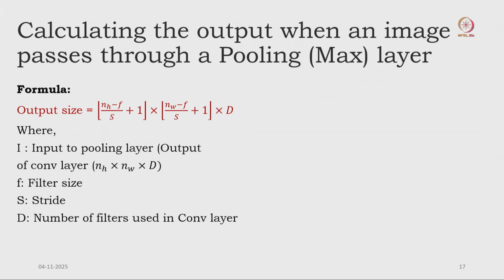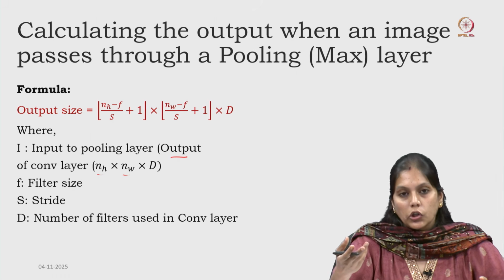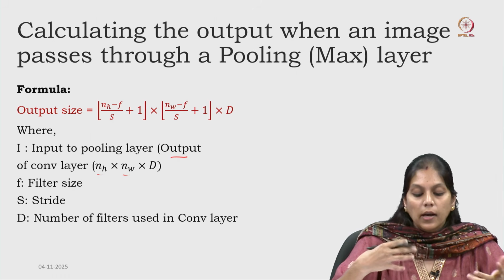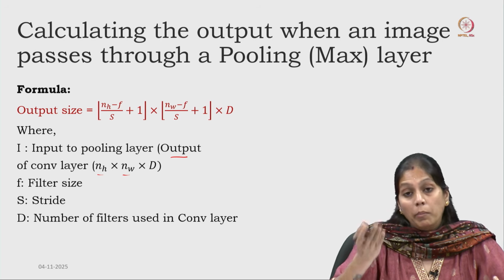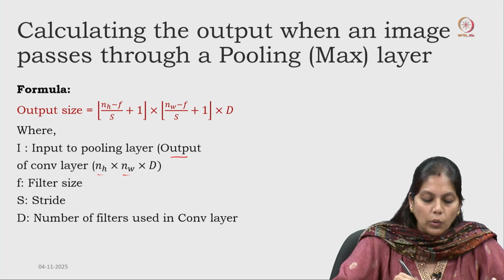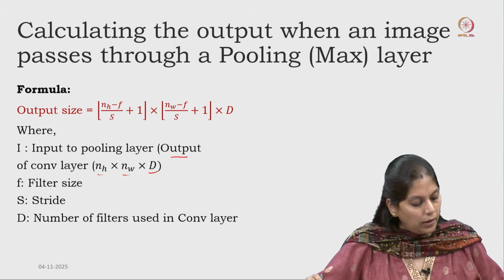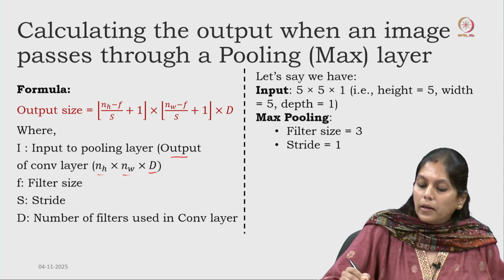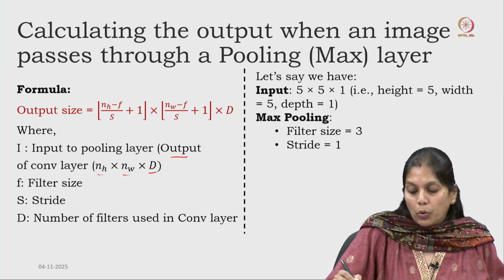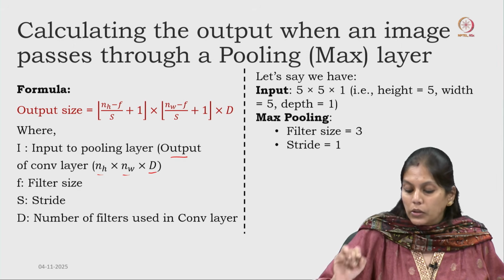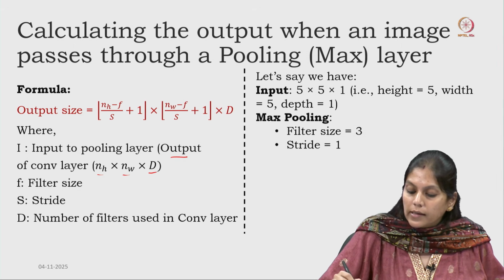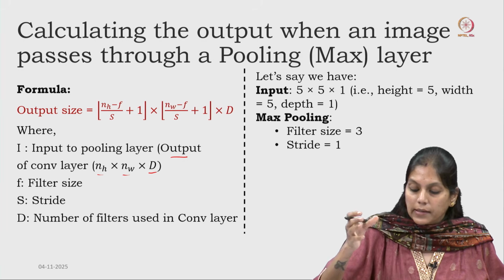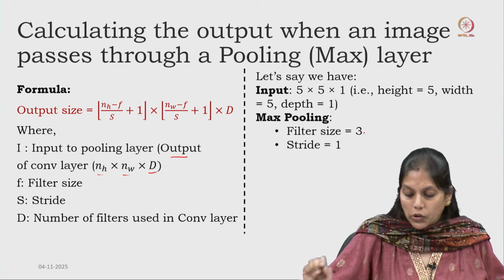The input to the pooling layer is the output of convolution, which will have the width, the height, and definitely the number of such matrices, which depends on how many filters you had used. So it is into D. Let us take an example: the input is 5 cross 5, depth is 1, the filter size, which is the window size, is 3, and the stride is 1.